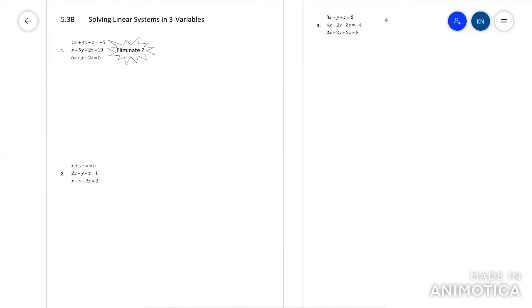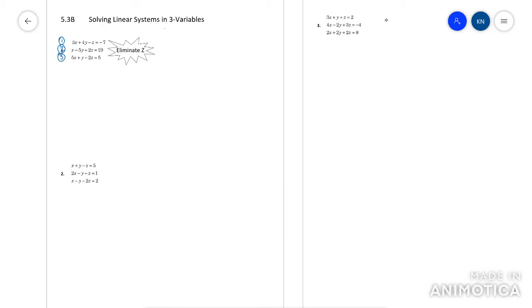So the way you do this is you need to pick a letter to eliminate twice. So like when I look at this problem, the first thing I see is this right here. So if I add, I'm going to number these equations, equation 1, equation 2, and equation 3.